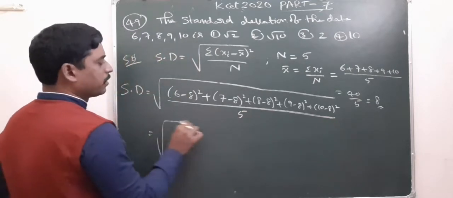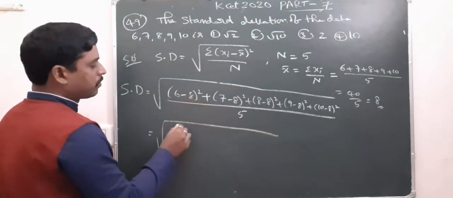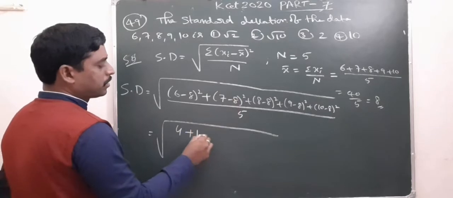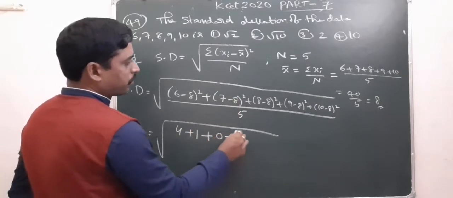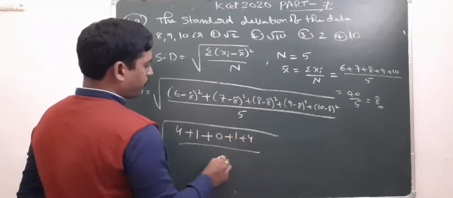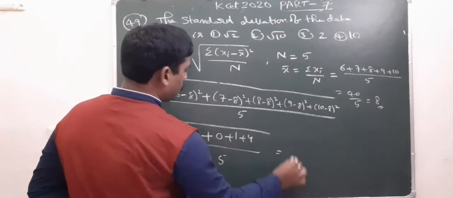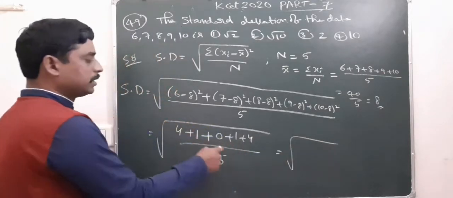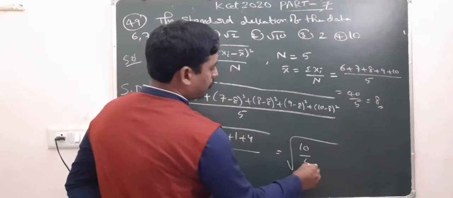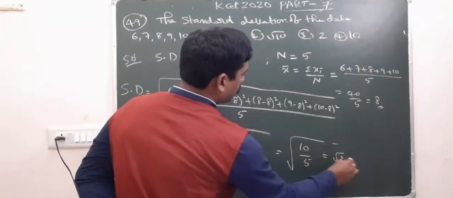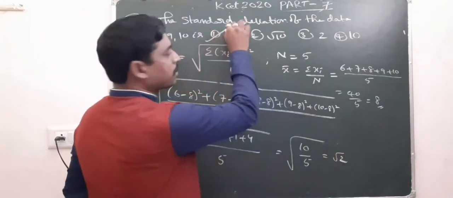This will be 4 plus 1 plus 0 plus 1 plus 4, which is 10, so under root 10 by 5. 10 by 5 is nothing but root 2. So standard deviation is root 2, option 1 correct.